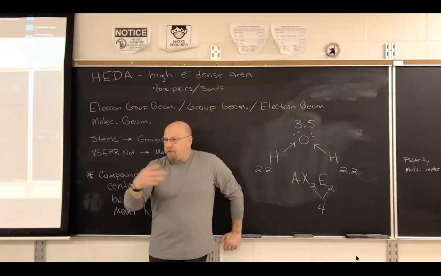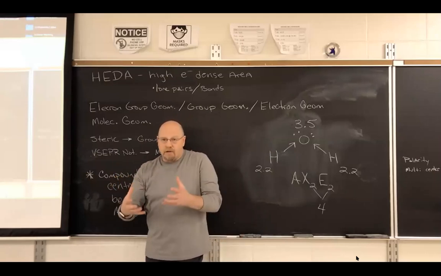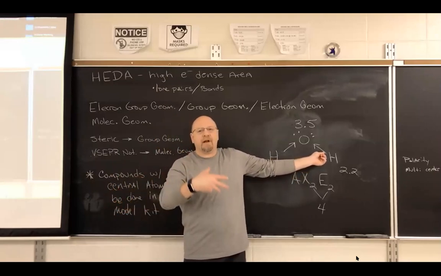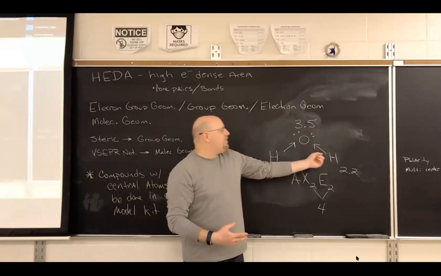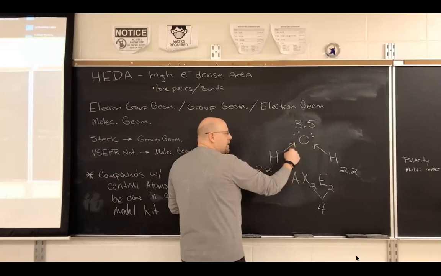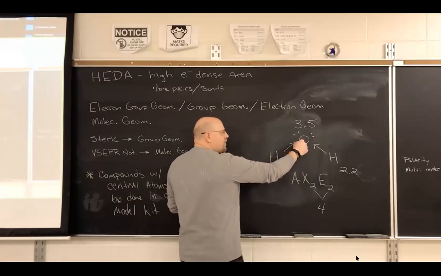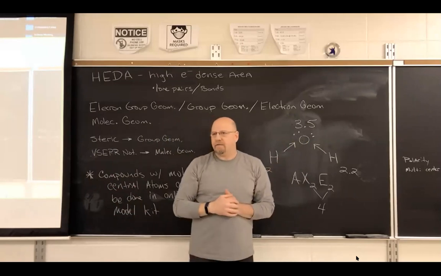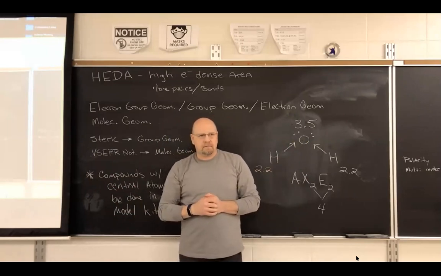Now, next time we're going to talk about polarity of the molecule. Yesterday, you learned about the polarity of the bond, where we have an imbalance in charge. That makes this end of the bond with oxygen slightly negative, and the hydrogen here slightly positive.